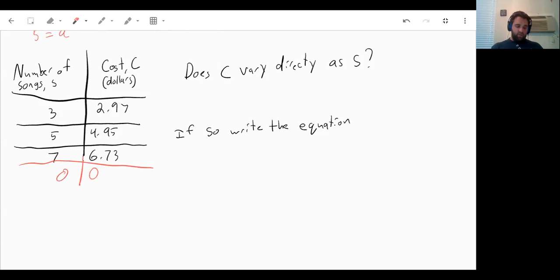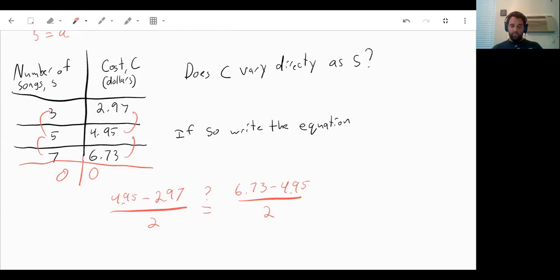So what we need to do is just see what is the slope going from 5 to 3 and from 7 back to 5. So we can do 495 minus 297 over 2 and see, does that equal 673 minus 495 also over 2?